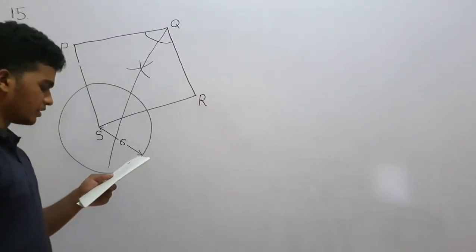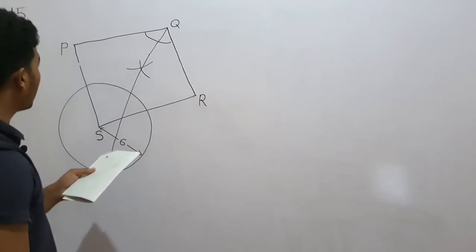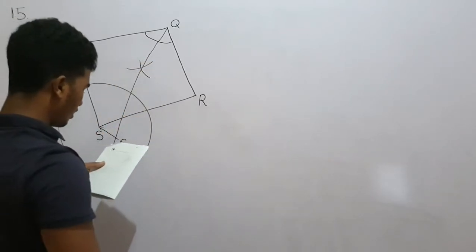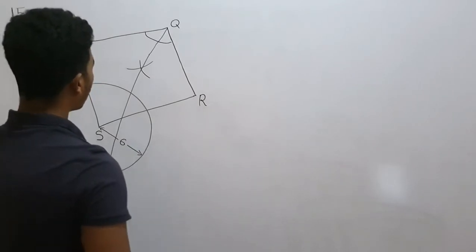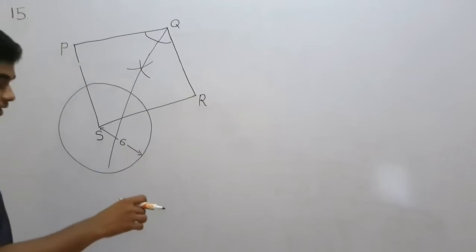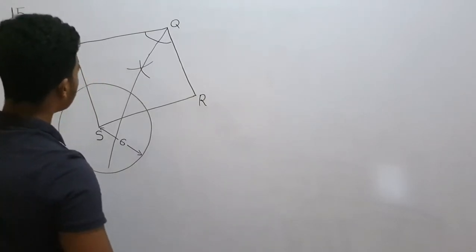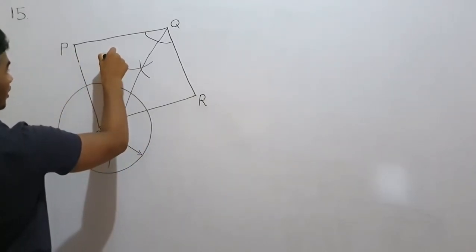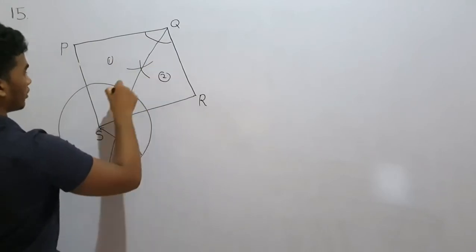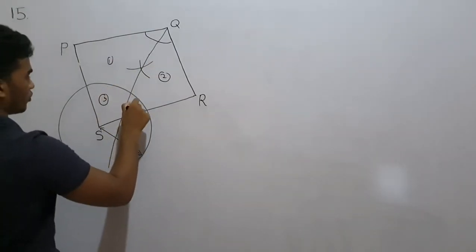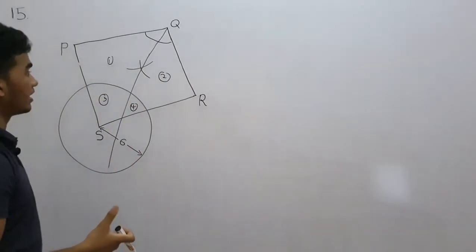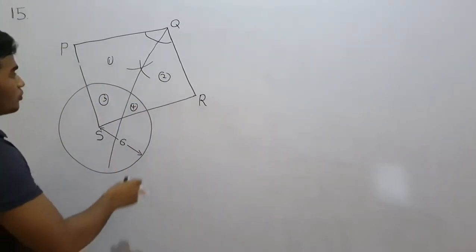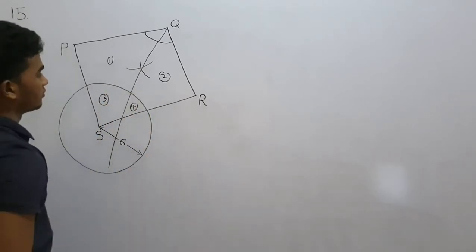Part B, shade the region inside the quadrilateral PQRS containing points that are more than 6 centimeters from S. Now when you shade, just mark 1, 2, 3 and 4. See, there are 4 parts which can be shaded, so we should pick which part to be shaded.